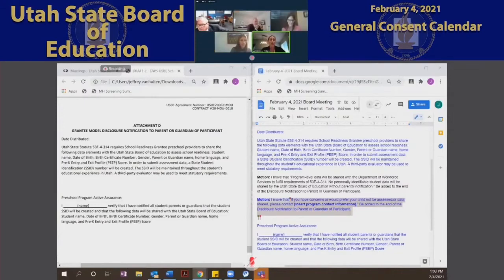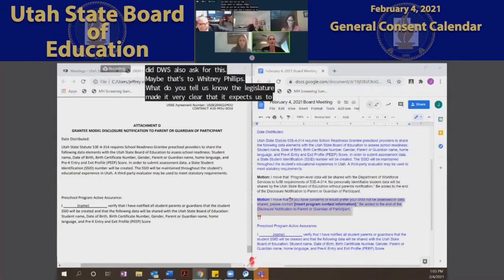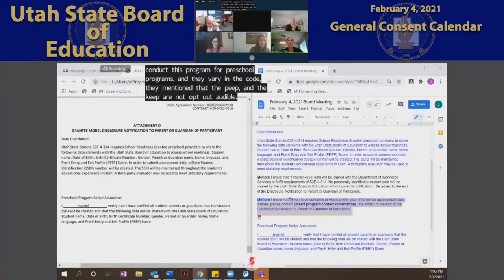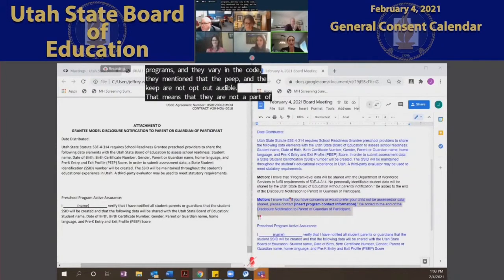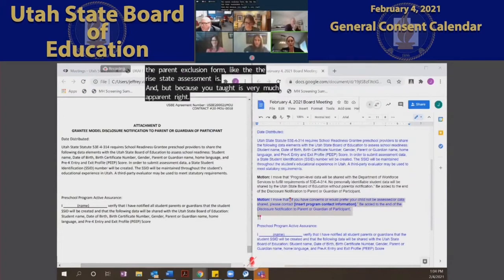But because Utah is very much a parent rights state, I know that Teaching and Learning has let people know in their programs that if parents do have a concern with sending data or taking the PEEP, that they will respect those parents' rights. However, it's a courtesy, and programs have provided that courtesy, but it is not required. In fact, it is not an opt-outable assessment.